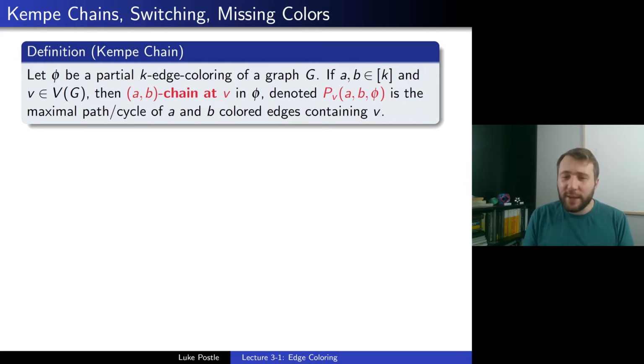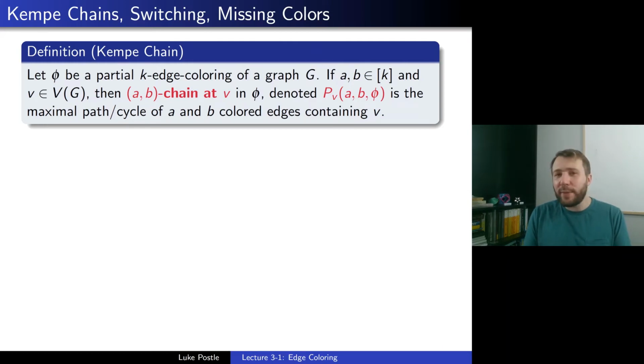Now if I give you two colors A and B and a vertex v, then the AB chain at v in phi, which I'll denote by P_v(phi), is the maximal path or cycle of A and B colored edges containing v. So at any vertex, I just take kind of all this path or cycle you get. Really what I'm doing is I'm taking the component induced by the edges colored A or the edges colored B that contains v.